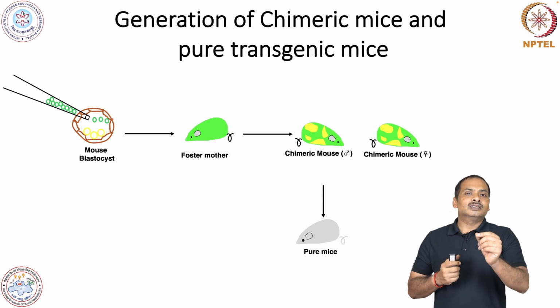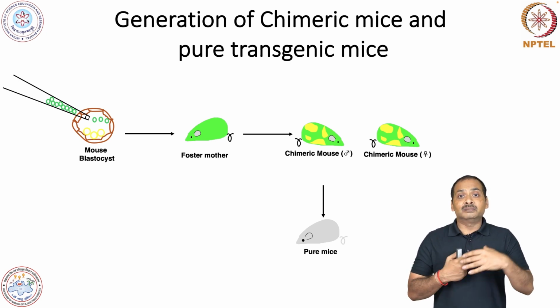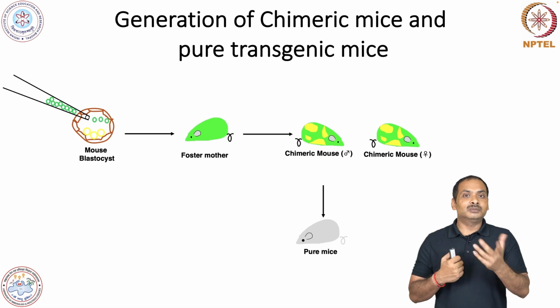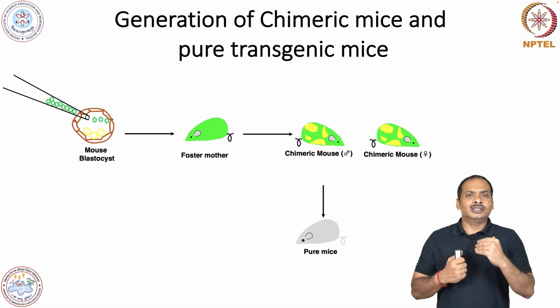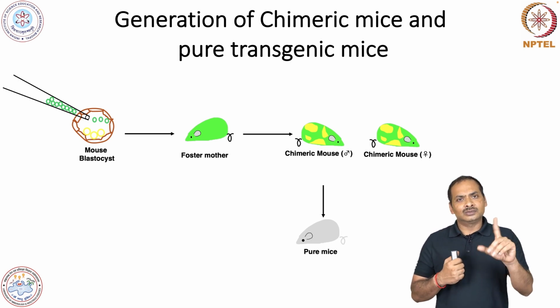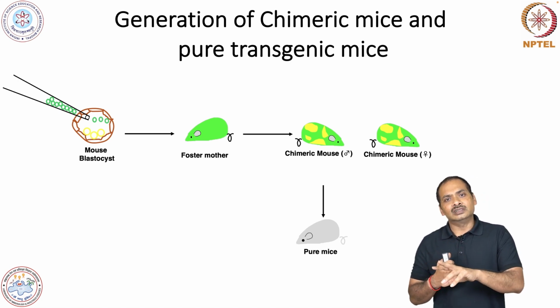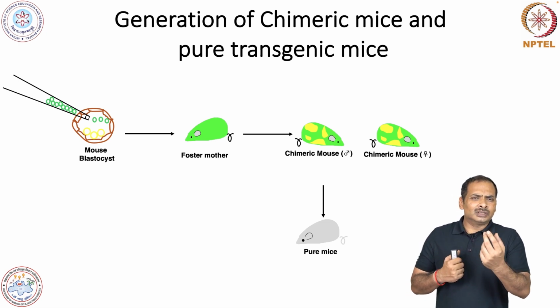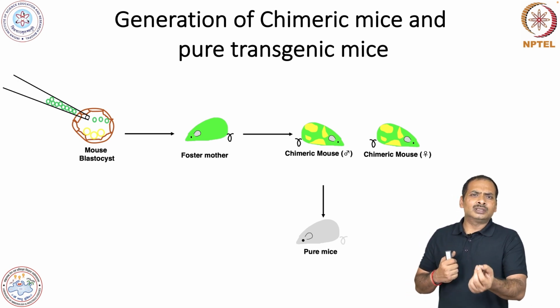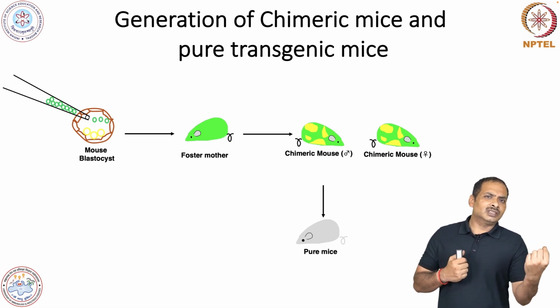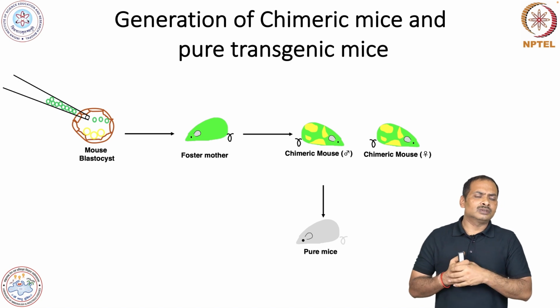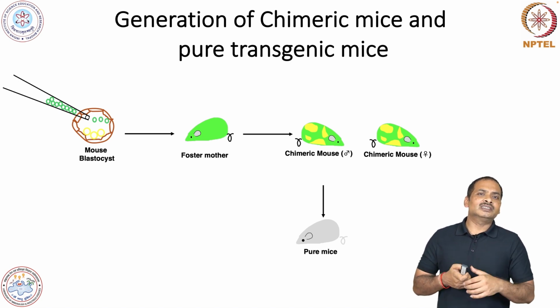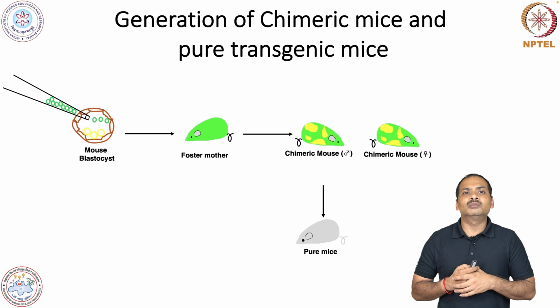Means, for example, you are taking the male chimeric mouse which can produce sperm of two kinds. One is mutant, derived from the mutant cell, and another is normal. Okay. So, this mouse will transfer this mutant sperm to another female mouse, that is a pure mouse. Then you can see there will be a heterozygous germ line transmission.